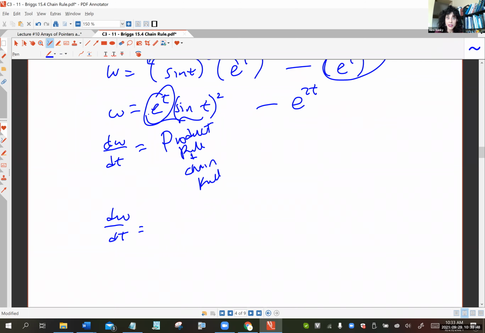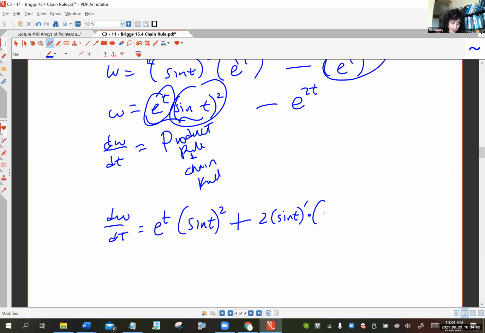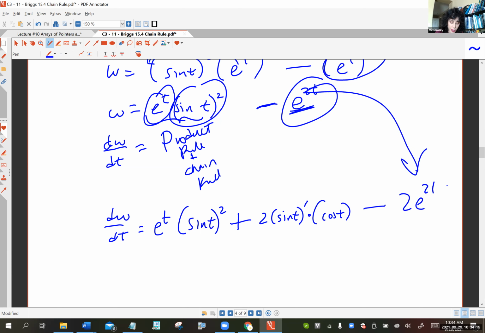Well, the derivative of e to the t is e to the t. And multiply that by the second factor, plus now take the derivative of the second factor. Okay, you got to use the chain rule. 2 sine t to the 1 times the derivative of sine t, that's cos. And there we have the derivative of that first term, minus the last guy, but the derivative of e to the 2t using the exponential rule from Calc 1 is just e to the 2t times 2.